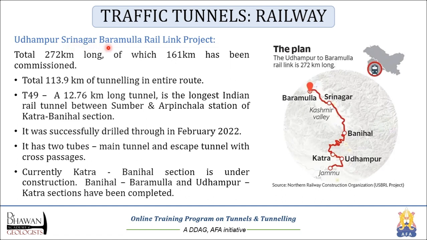Udhampur-Srinagar-Baramulla rail link project is another important railway project under construction in Himalayas. Total length of this railway line is 272 kilometers long, out of which 161 kilometers has already been commissioned. You can see it on the map that section between Udhampur and Katra has been commissioned.